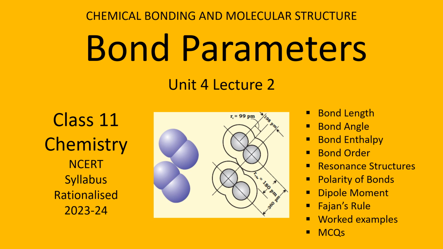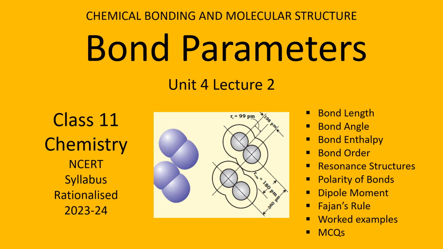We further studied that while a single covalent bond is formed by sharing of an electron pair between two atoms, multiple bonds result from sharing of two or three electron pairs.